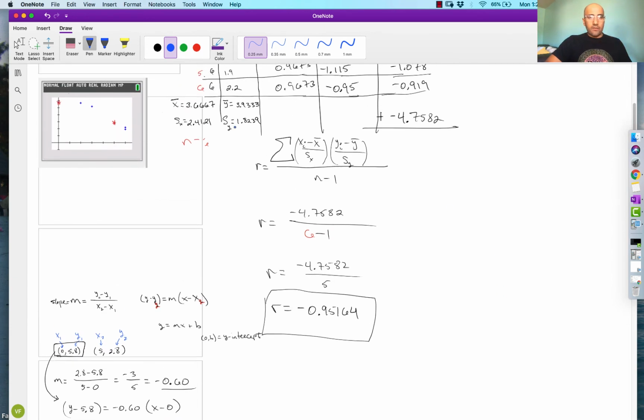So within this and this, I have everything I need to find the equation of the least squares regression line, the best fit line. Let's see, I need b sub 1 first. b sub 1 is equal to r times, oh, you know what? Let me check something.